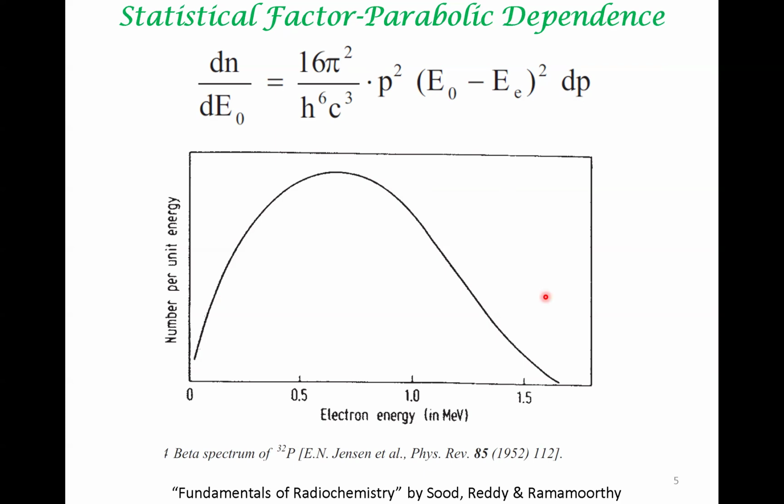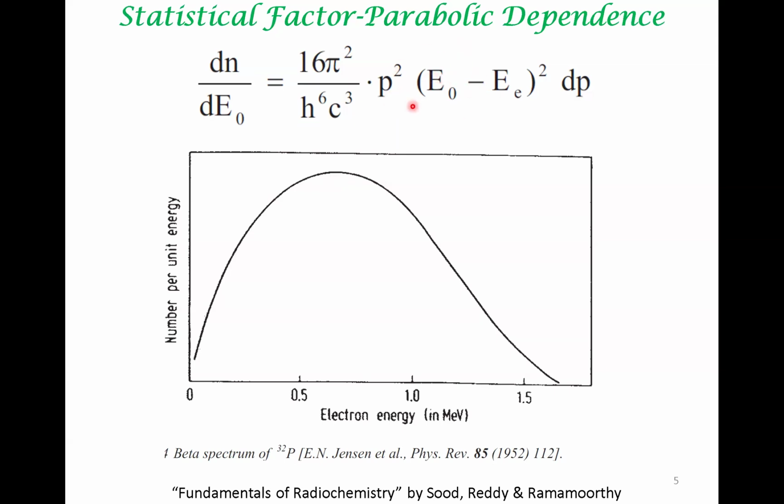Supposing E is a large number, this quantity will be a large number, but this minus this quantity will be a small number. So the maximum number of particles per unit energy is somewhere in the middle. Not too low or too high energy of beta particles gives you the maximum number of particles per unit energy. In addition, the continuous spectrum is also obtained via this expression.